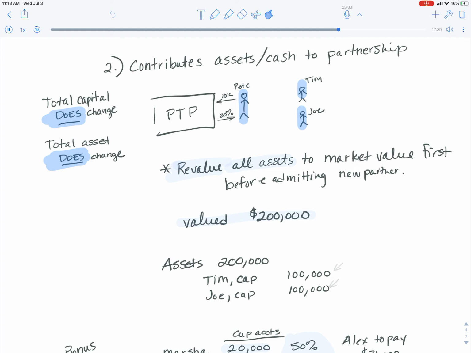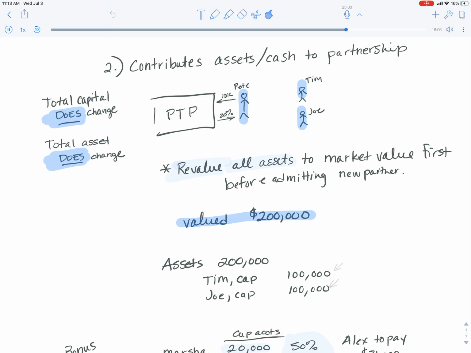So this is, after we've had this partnership for a while, we've got equipment on the books that we've been depreciating, we've got buildings, we've got land maybe, and what we paid for it might not actually be what it's worth. It might be worth more. Well, Tim and Joe need to get credit for that. So let's say that instead of $100,000 that we paid for all our assets, they're actually worth $200,000.